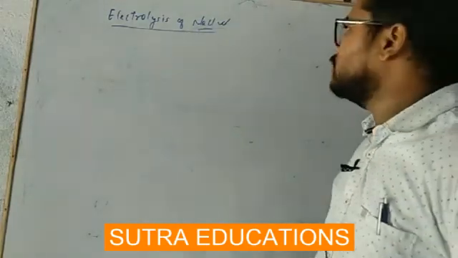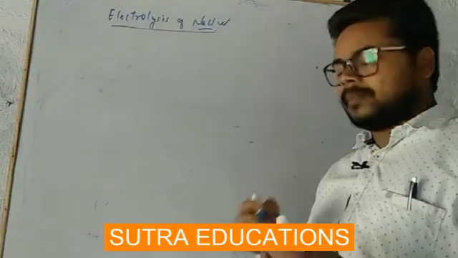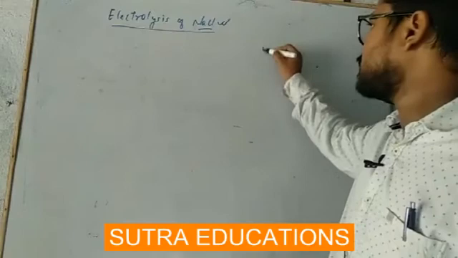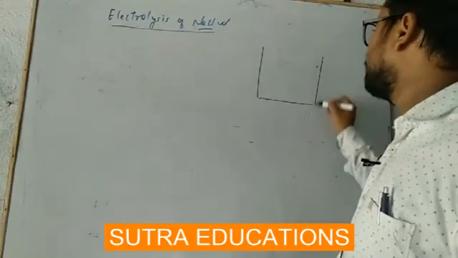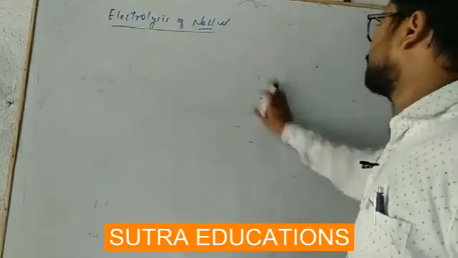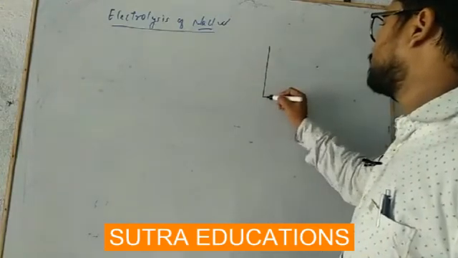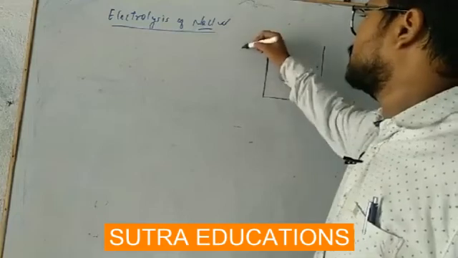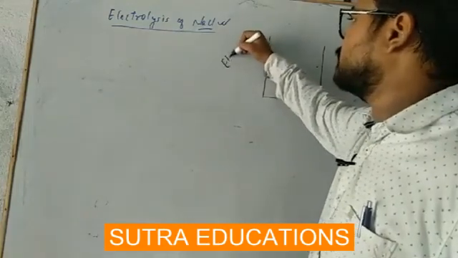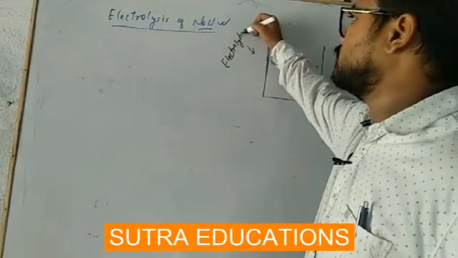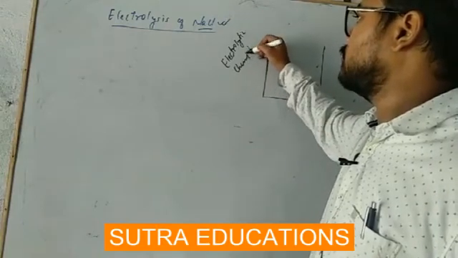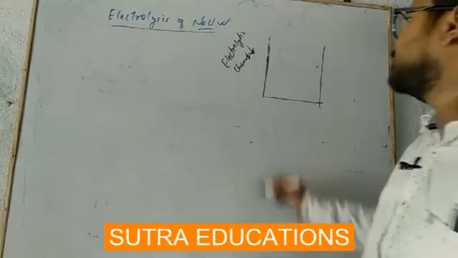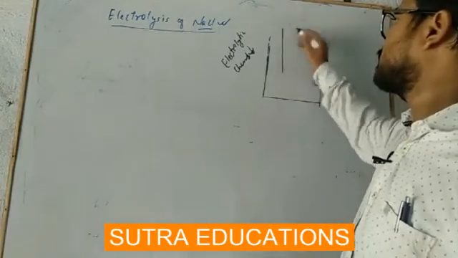So we know for electrolysis to take place we need an electrolytic chamber. So this is the electrolytic chamber. Then two electrodes are required.